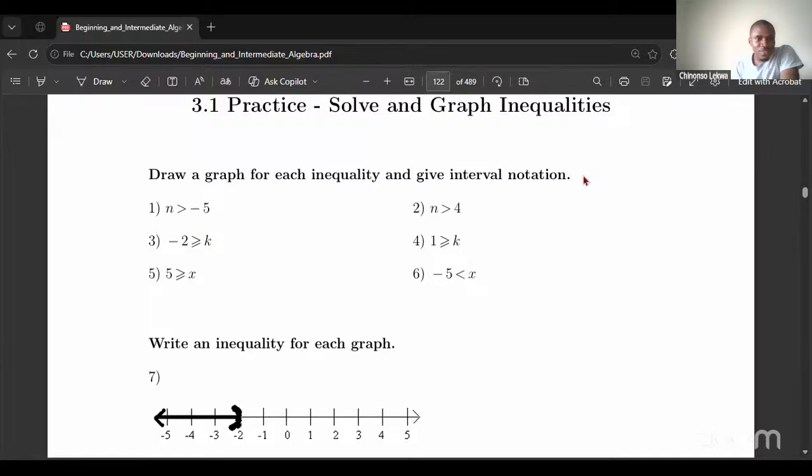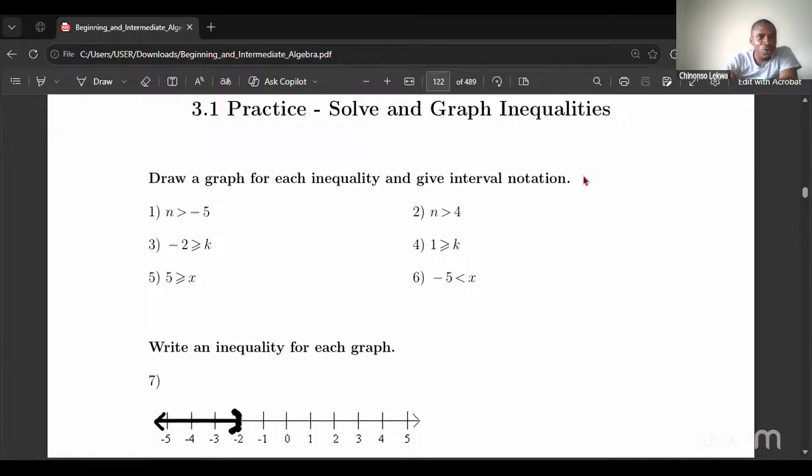So for this set, they said we want to draw a graph for each inequality and give the interval notation. So take for example the first one. Well, I think the first one is already solved. So to draw that graph, what you want to do is you want to have the number line. And so this is -5.